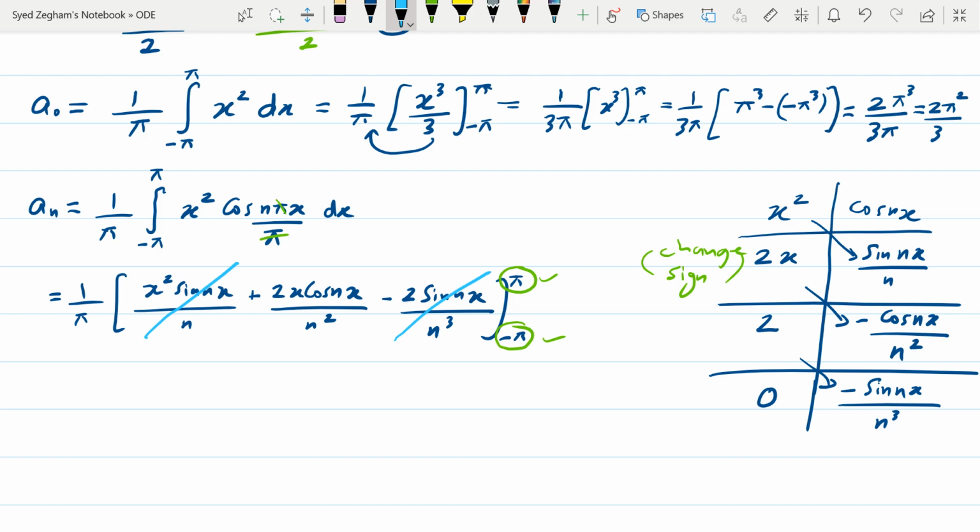So no need to write these terms in the next step. Here itself you can cancel them, because you know that both these terms will become 0 for pi also and for minus pi also. So we have to bother only about our middle term. Okay, so let us put the limits here. If any constants are there, you can always shift them outside, like here 2 is a constant, so you can keep it outside the bracket.